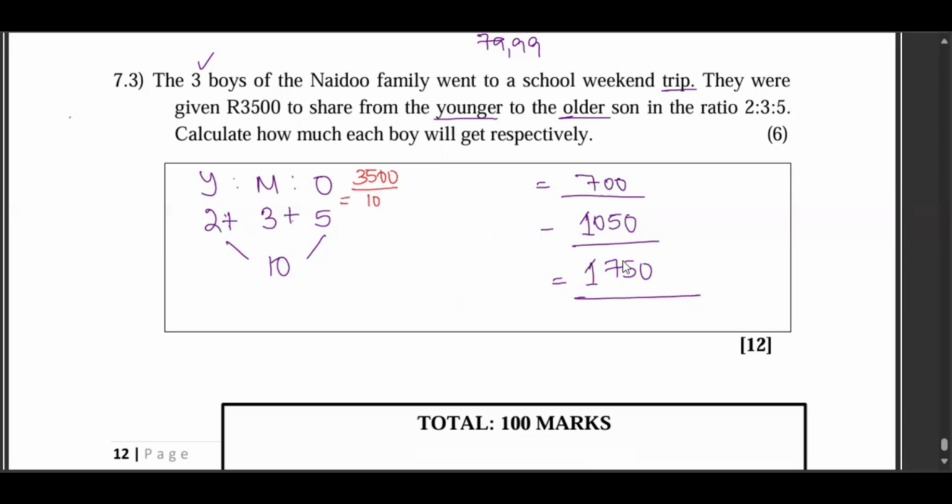So here it becomes everyone's standard share of 350. So the youngest is going to get 2 times 350. The middle person gets 3 times 350. Then the last one gets 5 times 350. Still, you get the same answers. That's another method.